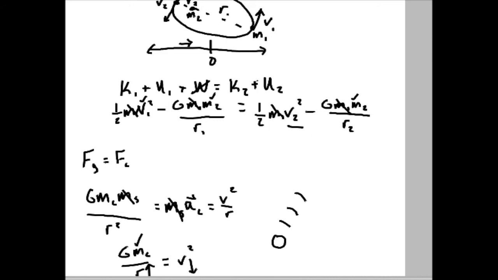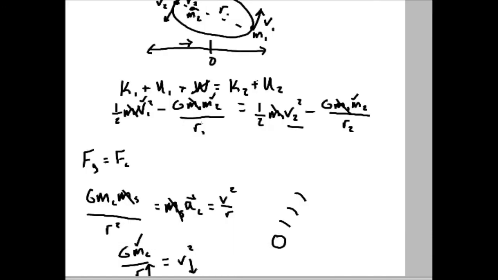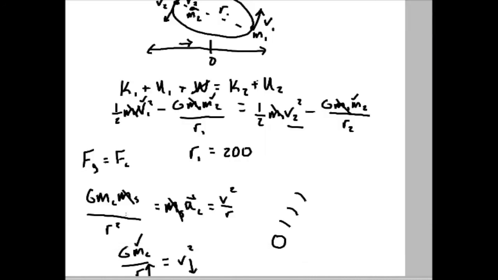So if you want to do a problem here, you've got a distance over here, r1 of 200. I'll go ahead and write these out for you. r1 is 200. The mass of your central object is also 200, so m c is 200.